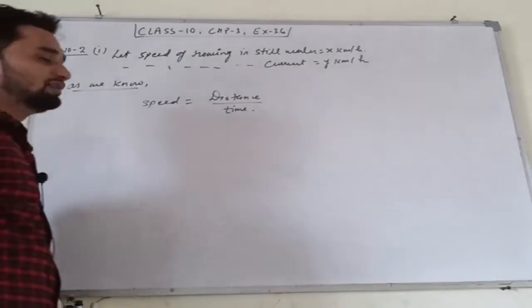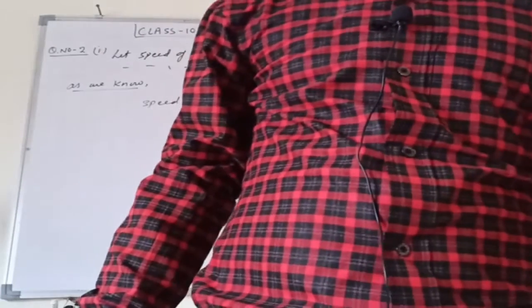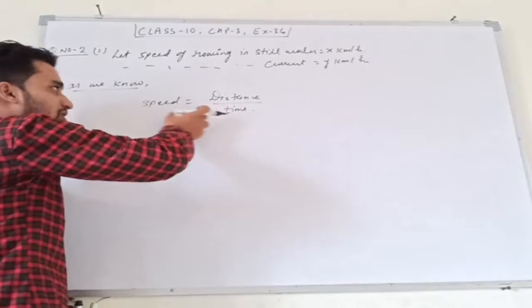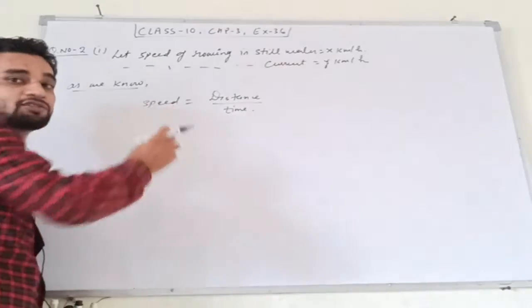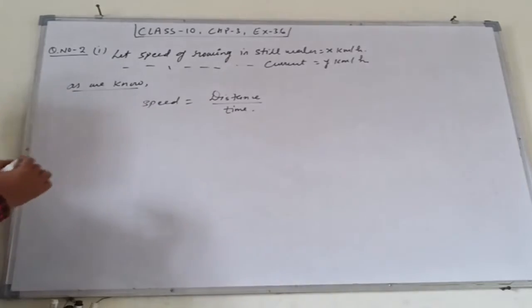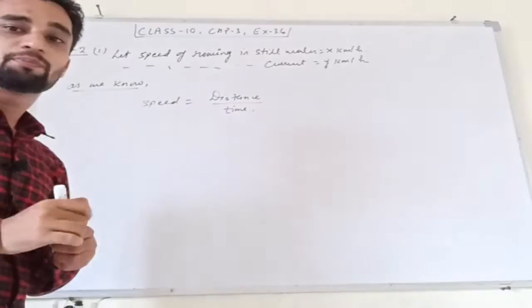It is given Ritu can row downstream 20 km in 2 hours. So distance is 20 km, time is 2 hours, but what will be the speed in case of downstream? From today onward remember, for downstream speed will be positive.